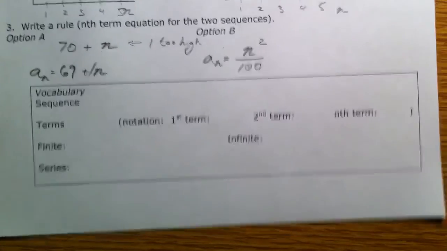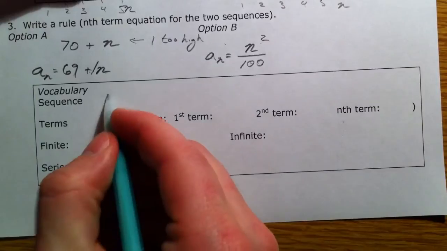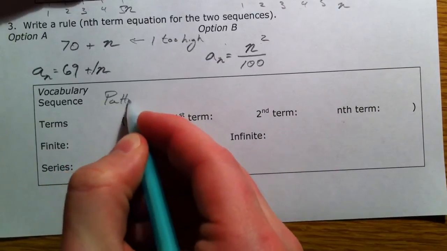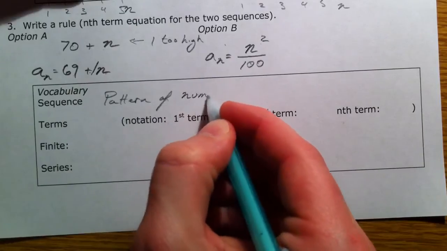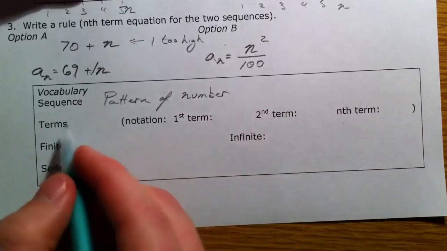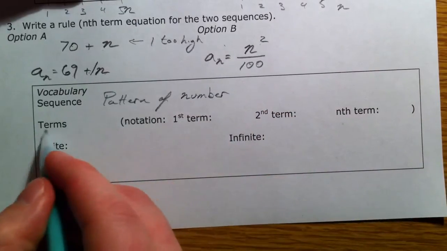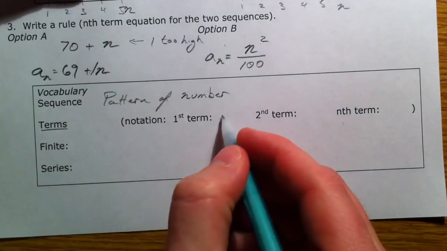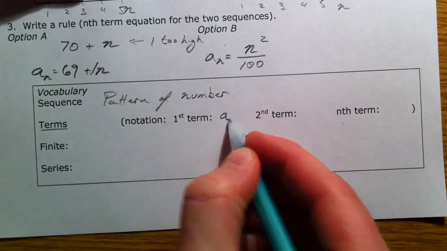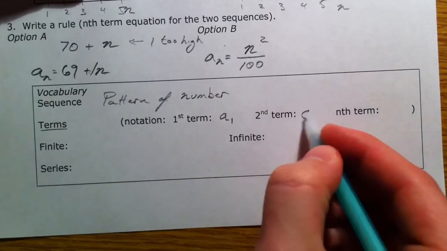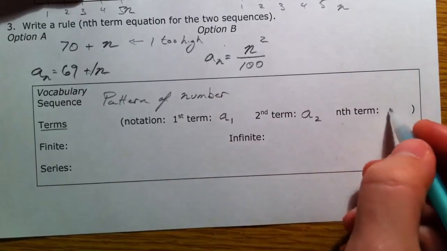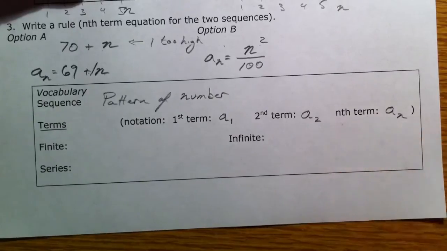So all a sequence is, is a pattern of numbers. And each number is called a term, and you can use notation like a sub 1 to represent the first term, a sub 2 to represent the second term, or a sub n to represent the nth term.